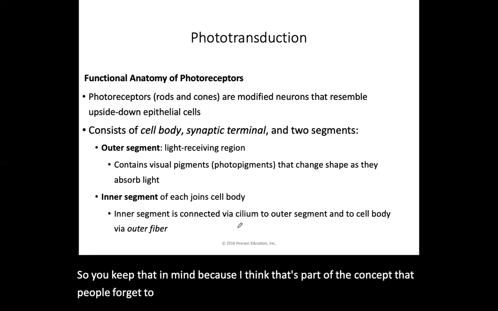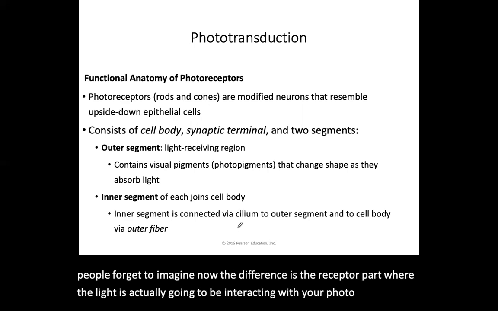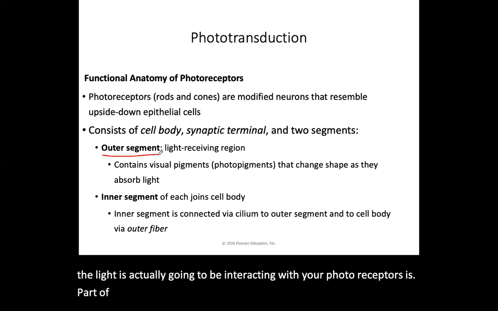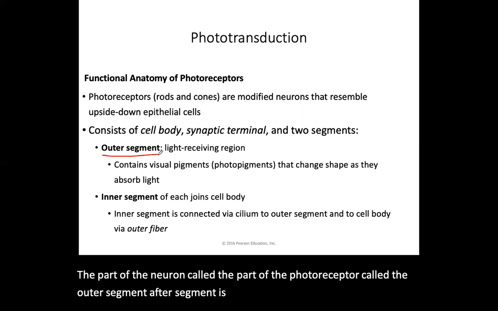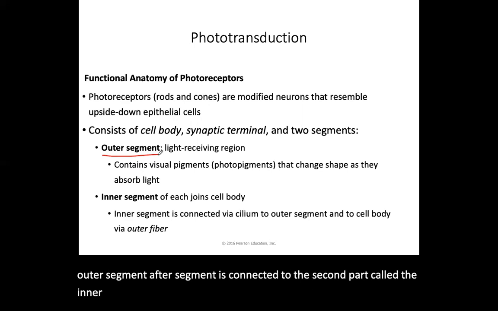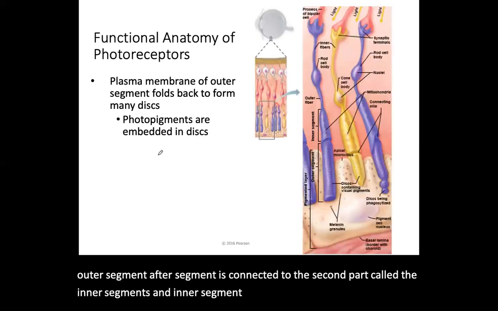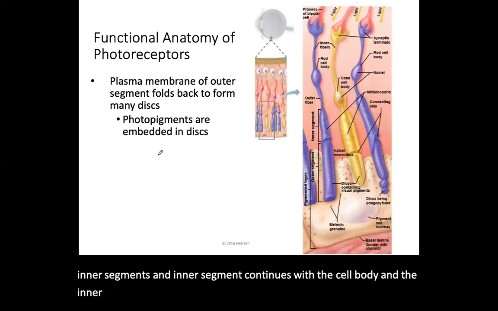Now the difference is the receptor part, where the light is actually going to be interacting with your photoreceptors, is a part of the photoreceptor called the outer segment. The outer segment is connected to the second part called the inner segment, and the inner segment continues with the cell body and the inner fibers connecting to the bipolar cells.